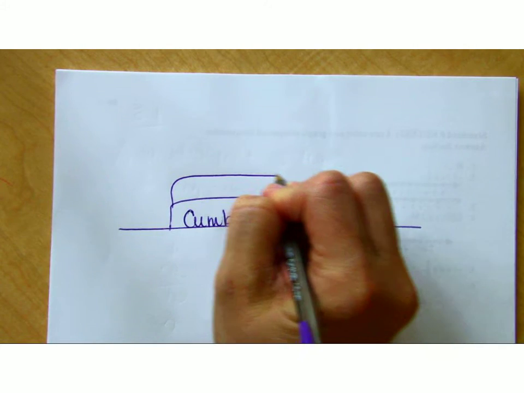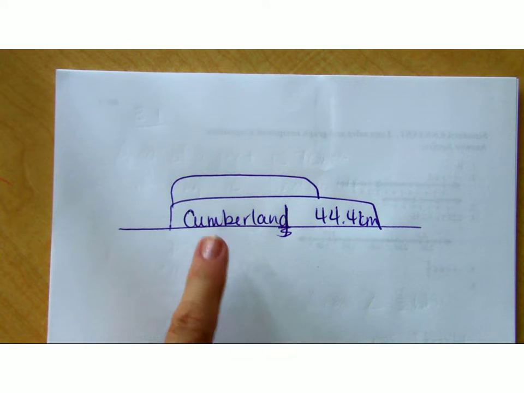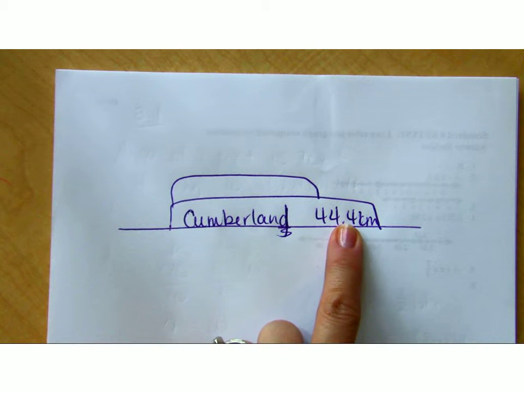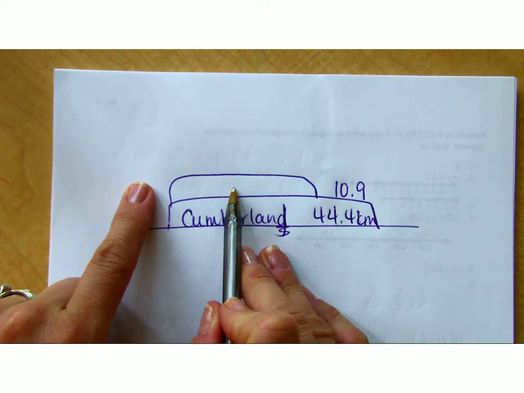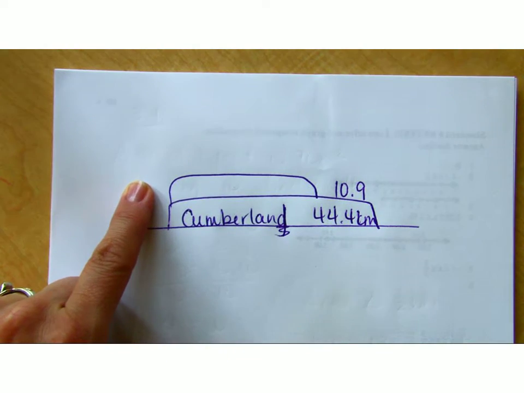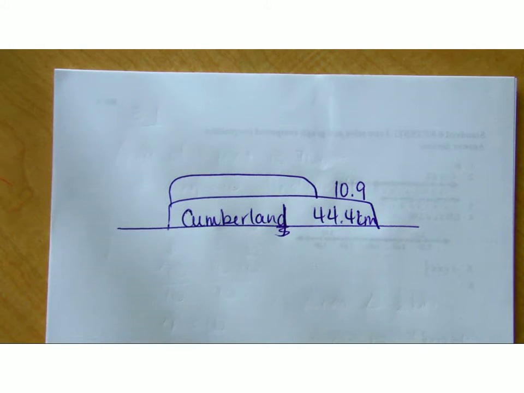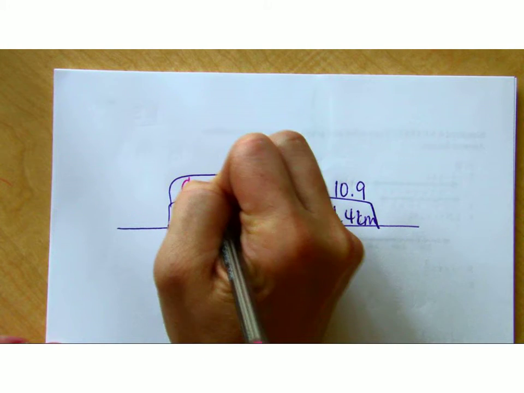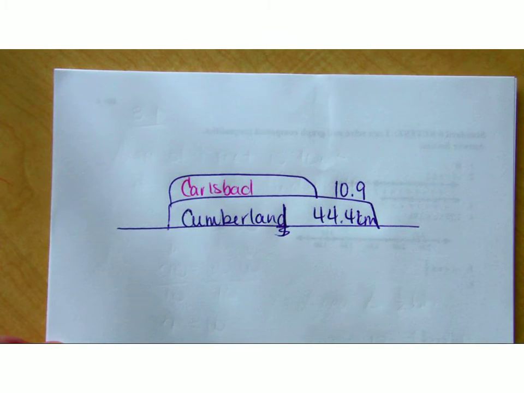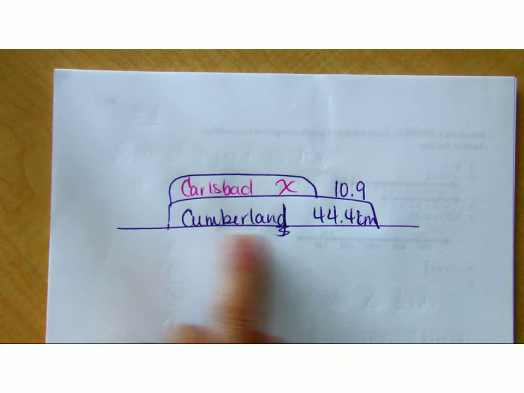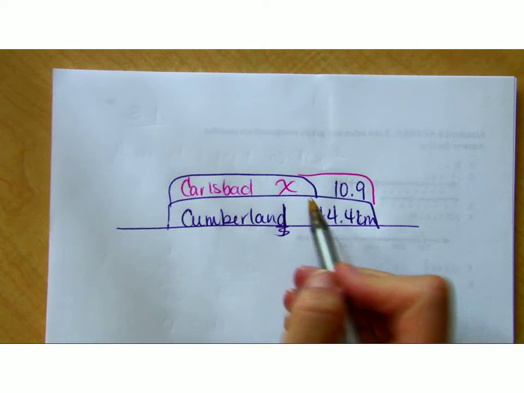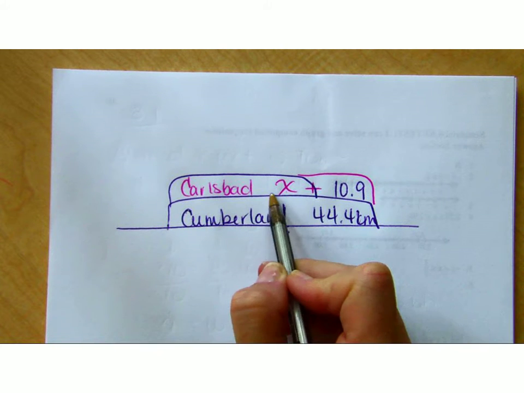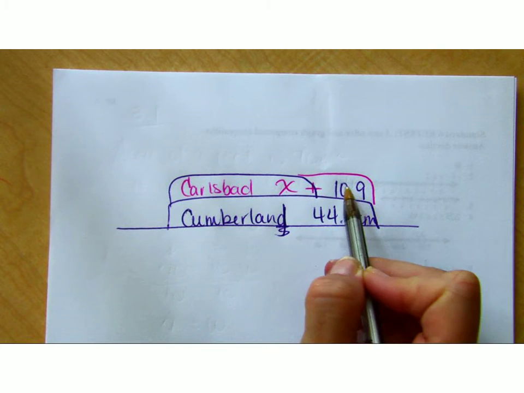So guess what I'm going to do? I'm going to draw another cave, but this one is 10.9 longer than this one. Are you with me? Watch this visual here. This is so helpful. So this is the Carlsbad Cave. I don't know how long it is, but I know that the Cumberland Cave is 10.9 longer. So guess what? Don't I just want to take this X that I don't know and add the 10.9?